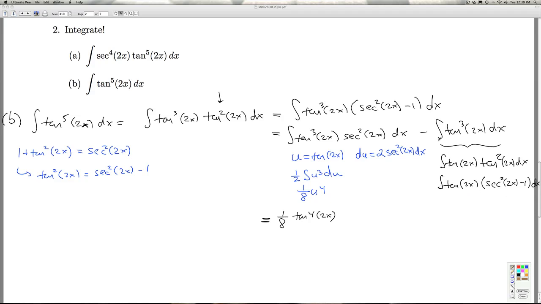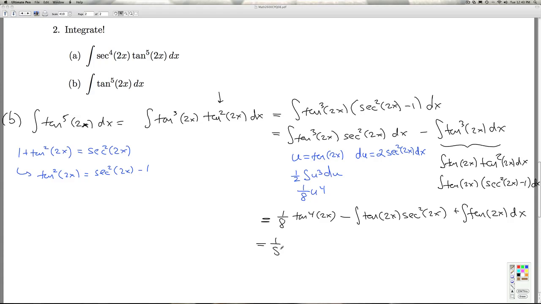So if I break this up, I'm going to have minus, because I'm subtracting, the integral tangent 2x secant squared 2x, and then remember I'm subtracting here, so I subtract the negative, that gives me a positive tangent 2x dx.